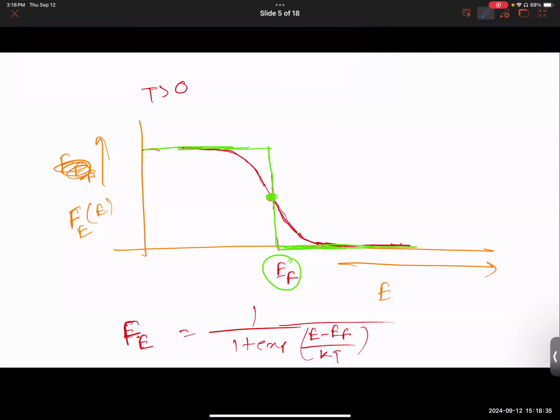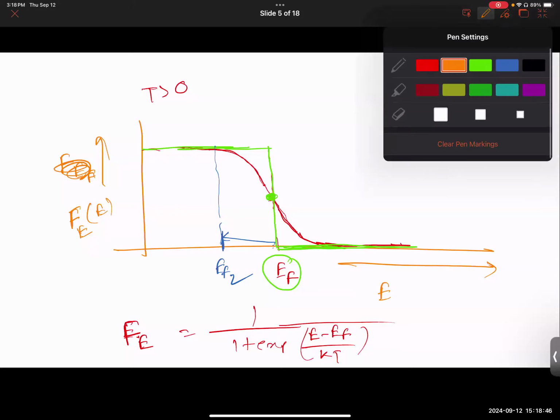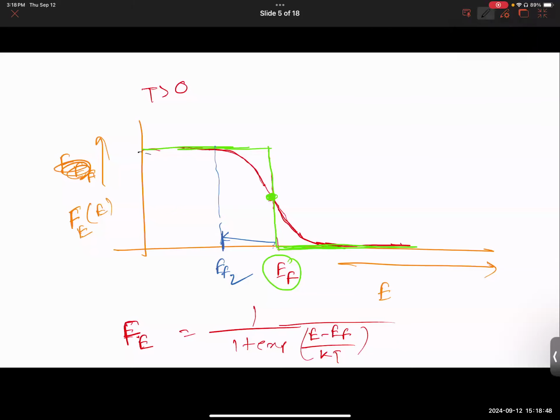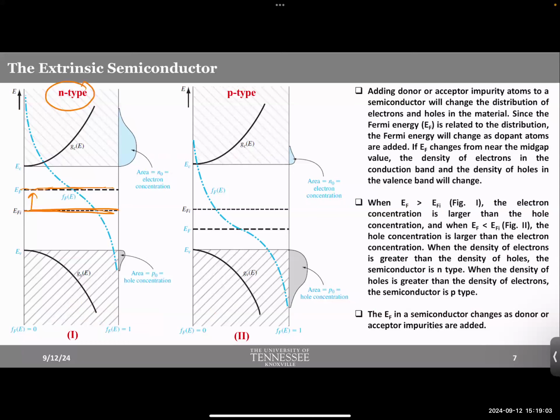Now, if I ask you, what if I change the Fermi level to this position, say EF2? What should happen? In that case, the transition should occur at that Fermi level. So by moving the Fermi level somewhere, you are moving the point where the transition occurs. That's what you will see here in this case.